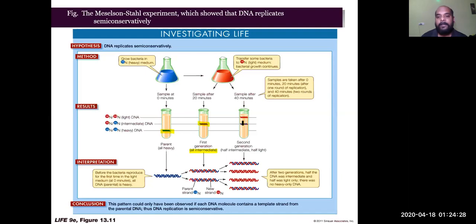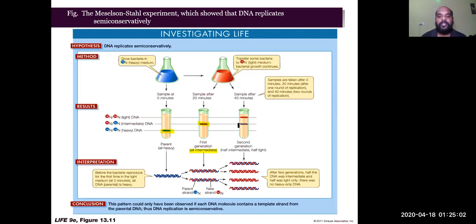Now we'll see after the second generation, when they grew the same bacteria in N14 media, they saw two bands, one of N14 and the second of N14 and N15. If it had been the dispersive mode of replication, they should have got only one band, because the dispersive mode says that after every generation the composition of new and old DNA would be equal.